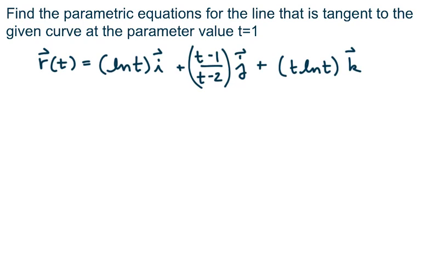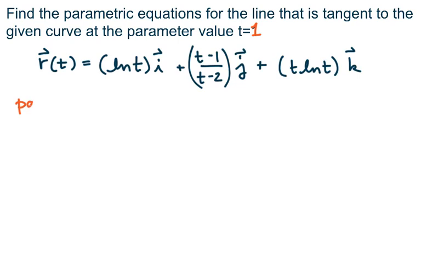So as we know, a tangent line to a smooth curved vector valued function is the line passing through the point, and it's also parallel to the velocity function, because that velocity vector is going to be tangent to the position vector. So essentially, we're dealing with t equals 1 here.